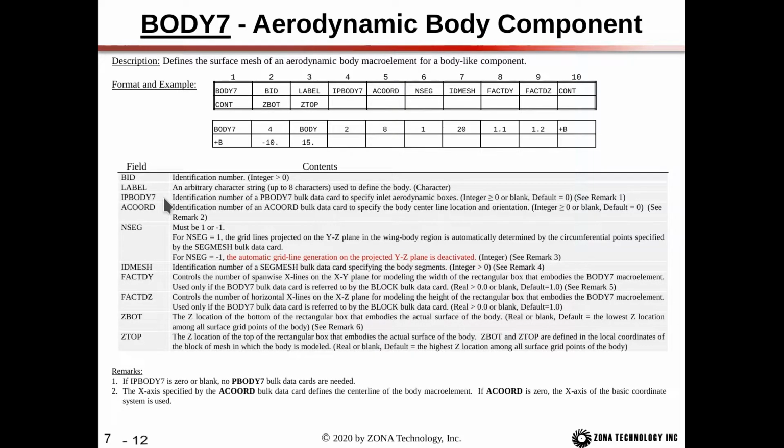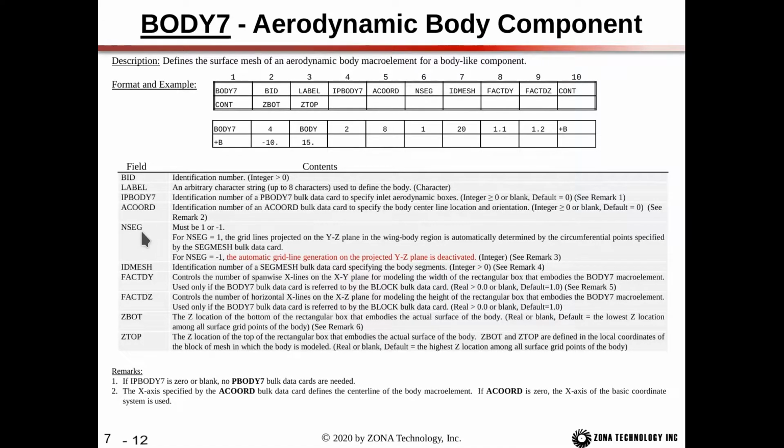The IP body 7 field refers to a P-body 7, which allows you to specify inlet aerodynamic boxes. The ACORD field refers to an ACORD bulk data card. This specifies the body center line location and orientation, and then also the body 7 is defined in this local coordinate system.